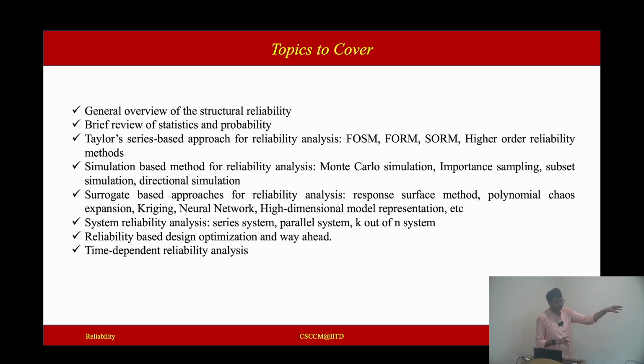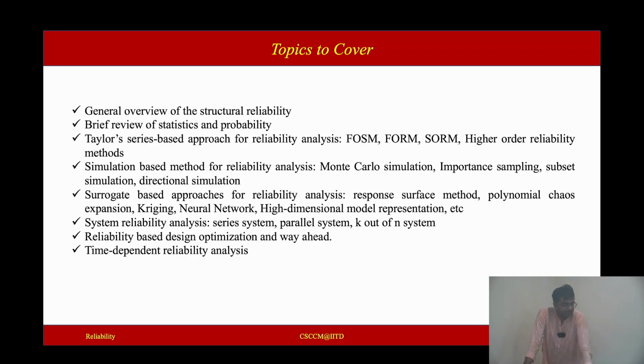There is an approach on surrogate based approaches where this will come, but we will not go there immediately, that will be maybe after the minor. But we will start with an overview of structural reliability. We will spend a significant amount of time on statistics and probability.